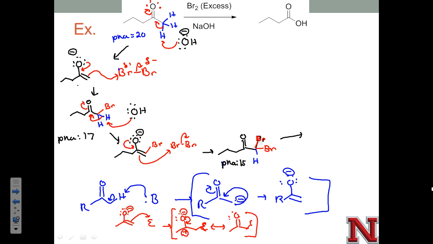So we will have another, because remember, this is basic conditions, so the base is still there. So we get, again, another deprotonation to form my pi bond, pushing my electrons onto my oxygen. That's why we call it electron pushing, because often it's a chain reaction.